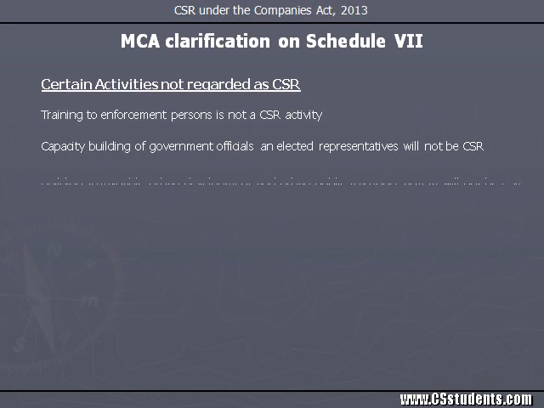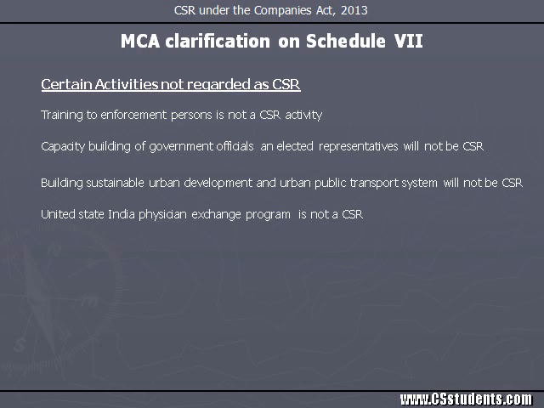Building sustainable urban development and urban public transport system will not be a CSR activity. On a specific note, MCA clarified that the United States-India Physician Exchange Program will not be treated as CSR activity.